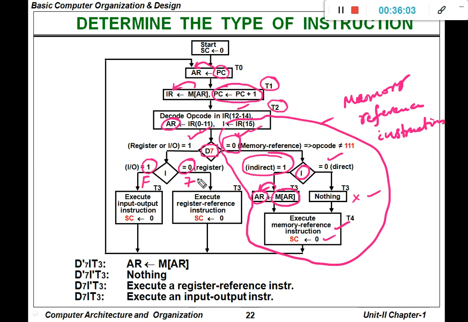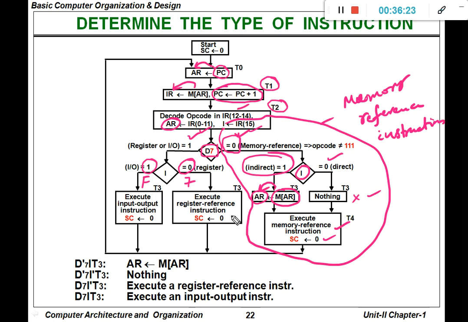So if you could not remember, once again go to the previous classes and listen to that class and then come back. Okay. So based on these values, we can determine whether the given instruction is an input output instruction or register reference instruction.